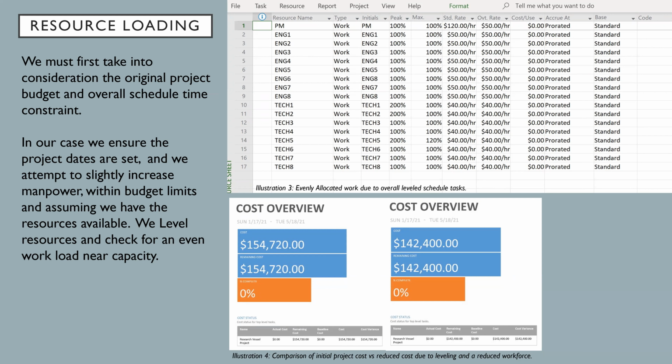So 154,720 was actually already a reduced cost. So the initial leveling is usually the biggest cost savings, and it can be a lot more than just $12,000.